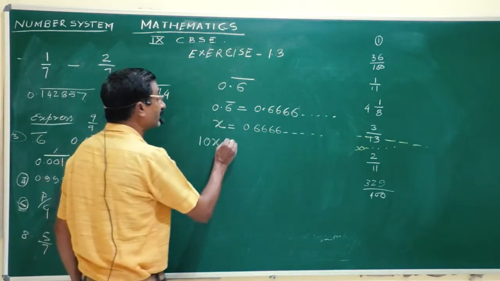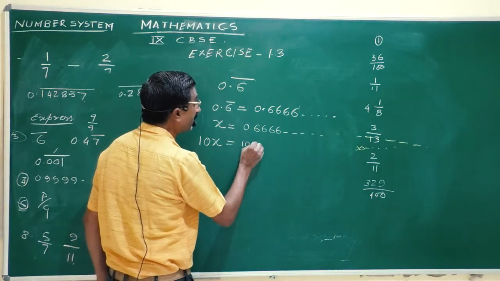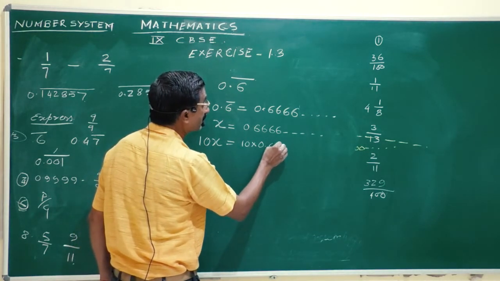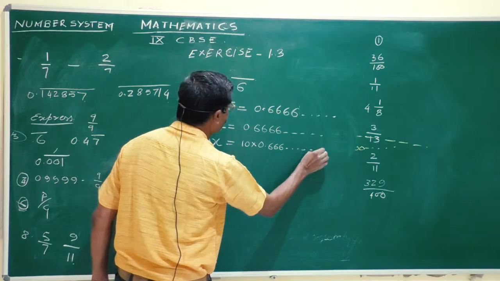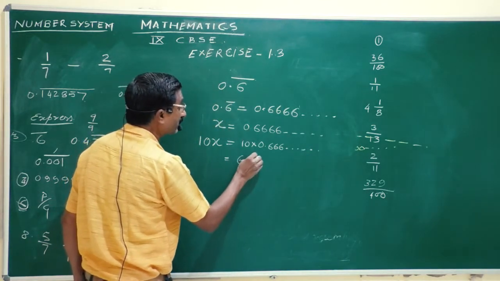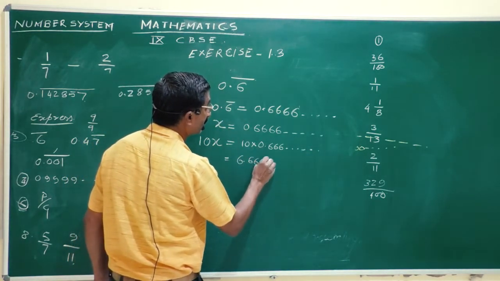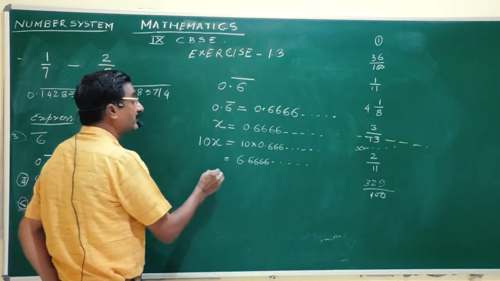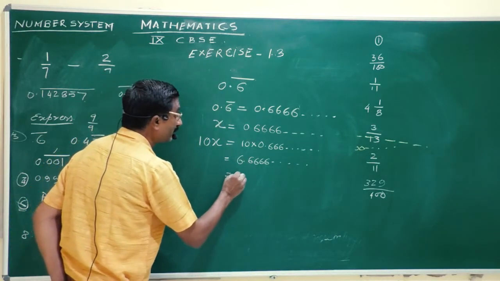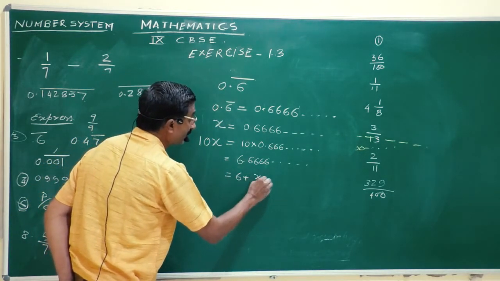So 10x is equal to 6.666 and so on, which is equal to 6 plus x.